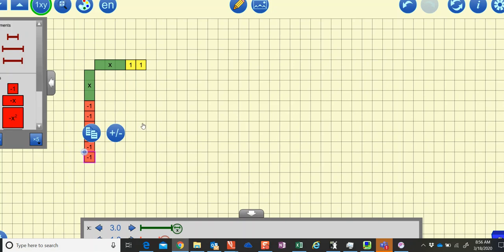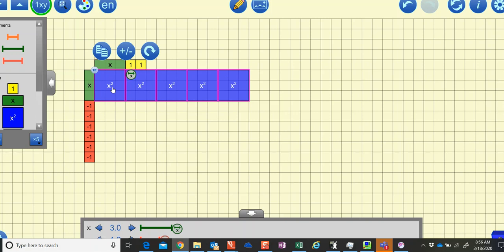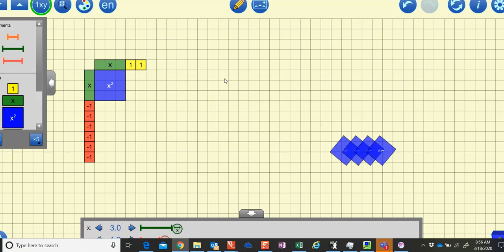So x subtract 6. Now we do our multiplication like you've done with multiplication grids before. So x multiplied by x would give me x squared. So let's just go through and delete the ones I don't want. And then x multiplied by 1 would be an x. Fill the gap. Another one.